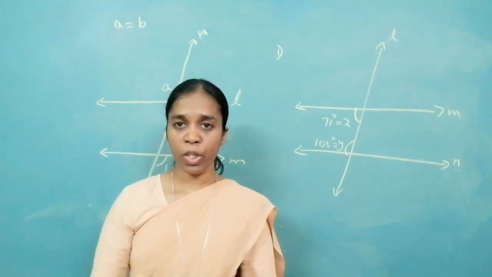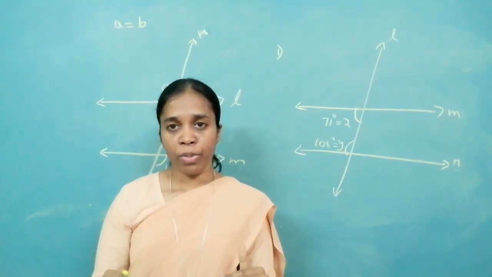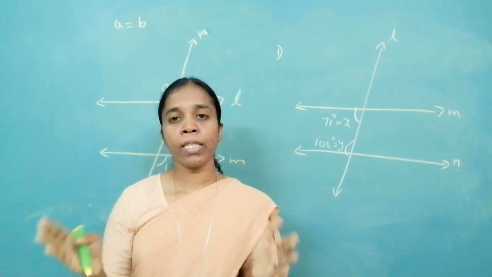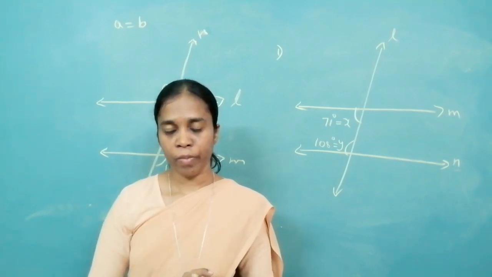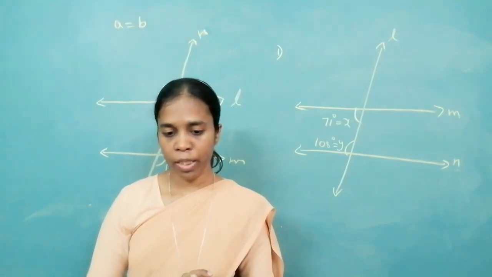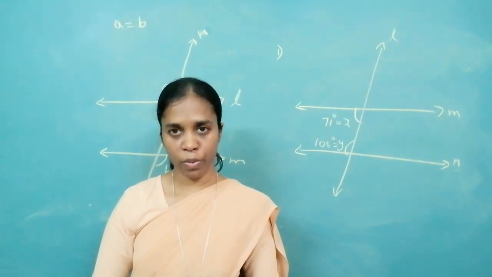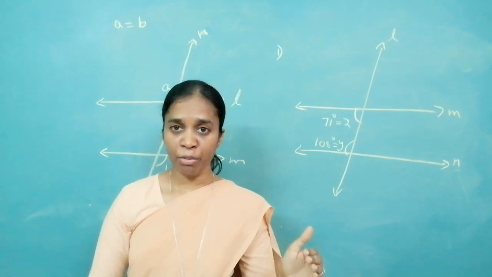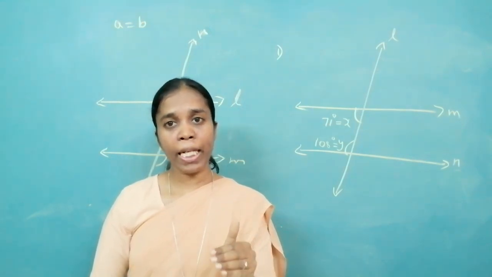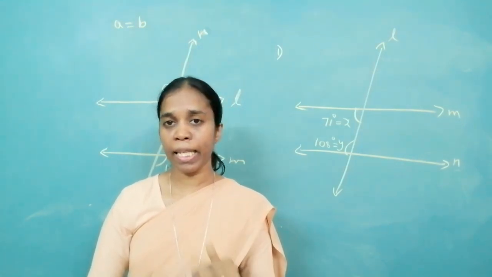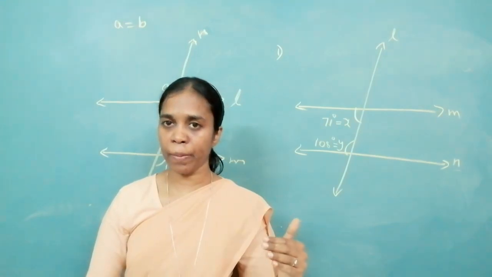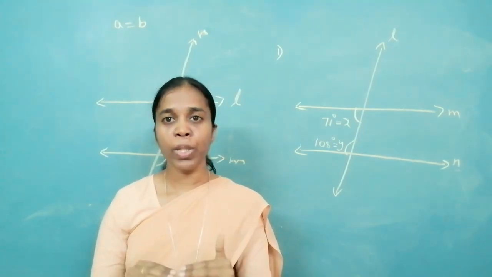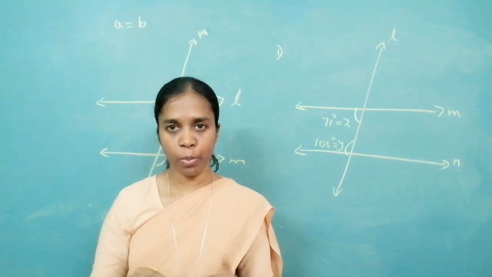So the first one, if the alternate angles are congruent, then the lines are parallel. Similarly, if the corresponding angles are congruent, then the lines are parallel. These two we will be doing in detail, meaning the entire proof.